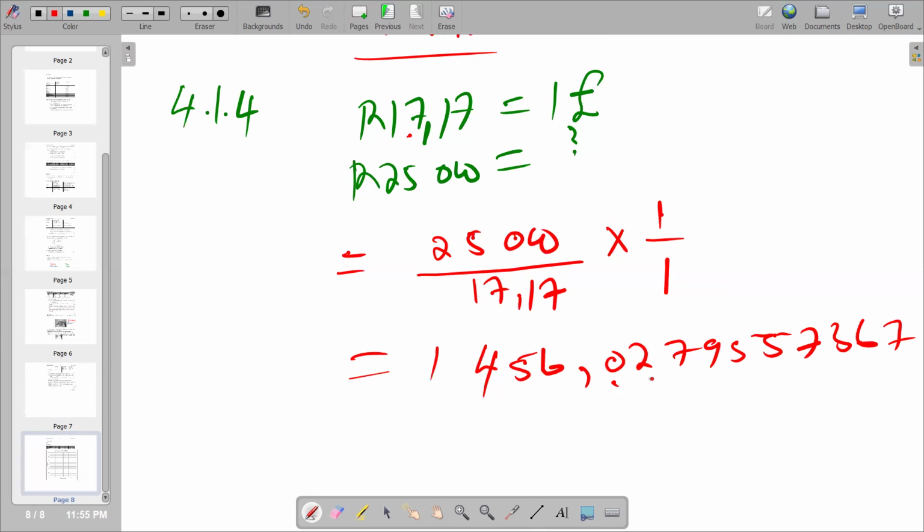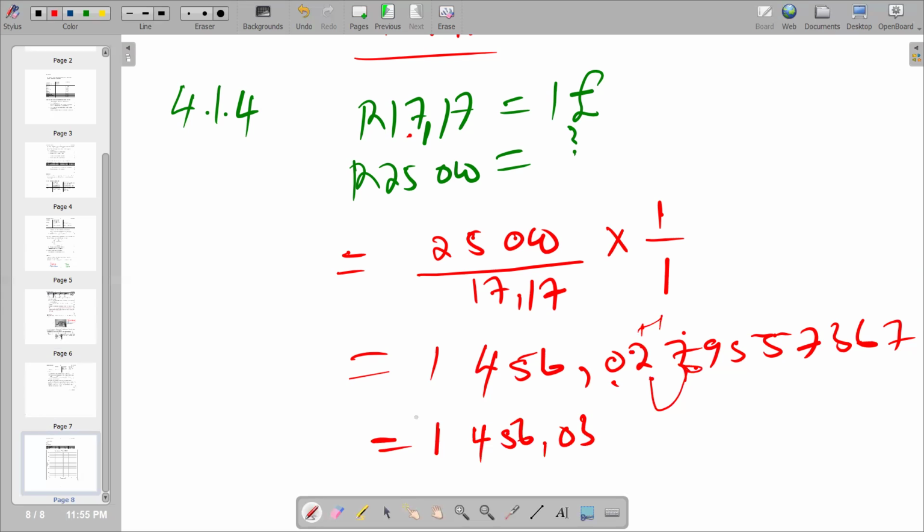We've got the 2, which we have here at 7 just behind, which is in the range 5 to 9. So we change our 2 plus 1 to become 3. So it becomes 1,456.03.